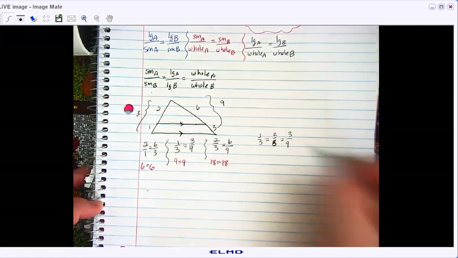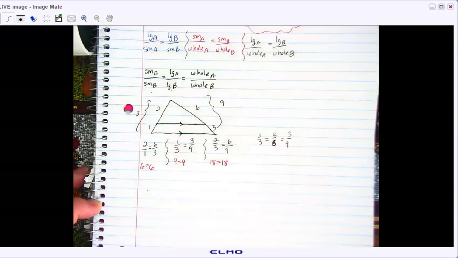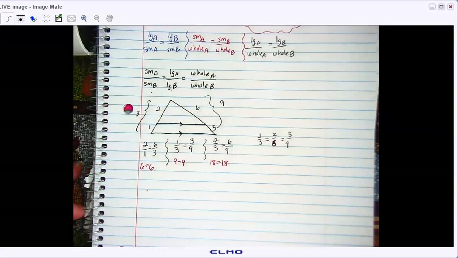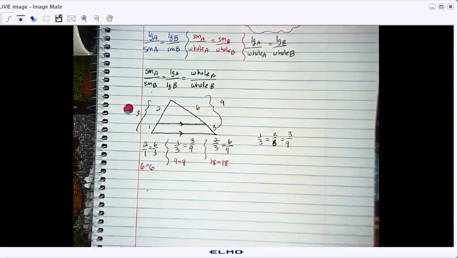Well, I just don't like those 6s, huh? And they all reduce to 1/3. Okay, so this is the whole premise of why we're going to do what we do. We're spending a little bit more time on the triangle part, because once we understand the triangle part, then the other two examples just make a whole lot more sense. Okay, so let's do an example.